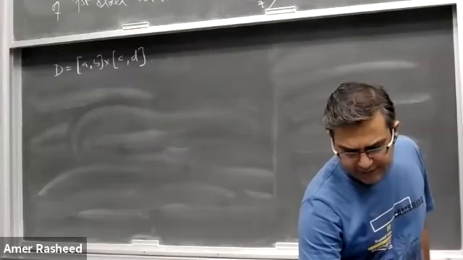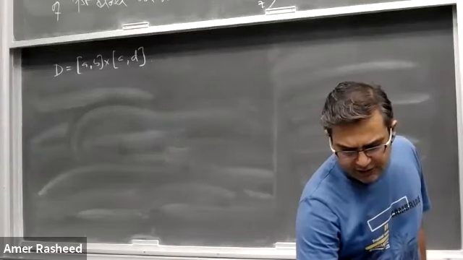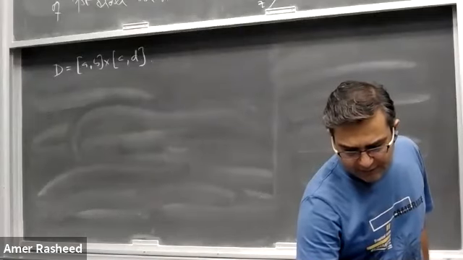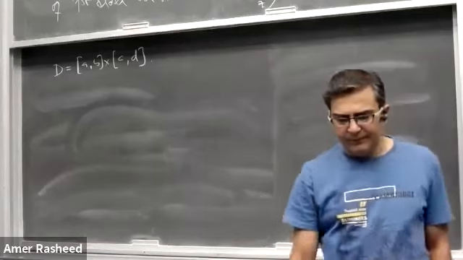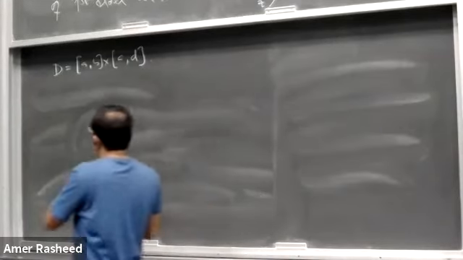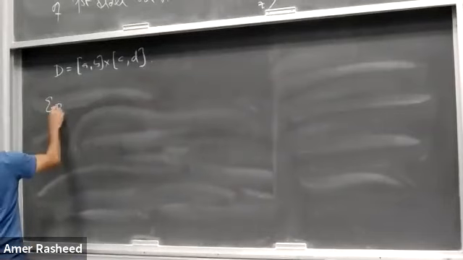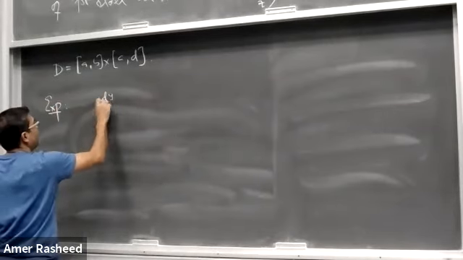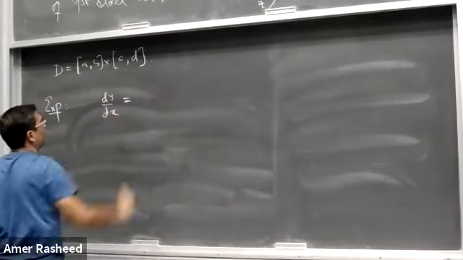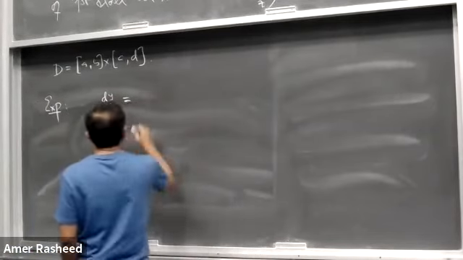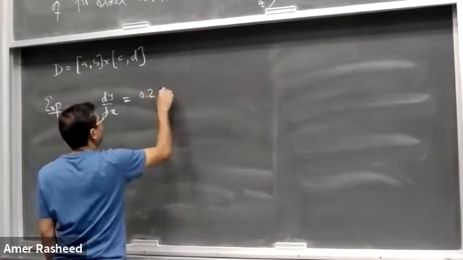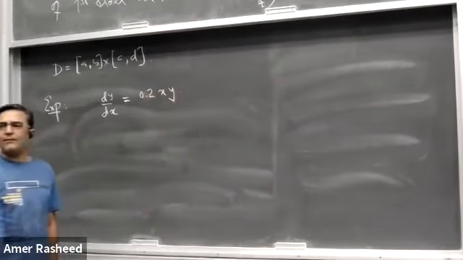Let's take this with the help of an example. For example, if this is your ODE, dy by dx is equal to 0.2 x y. This is your ODE.